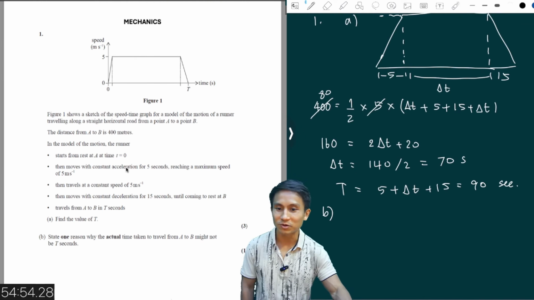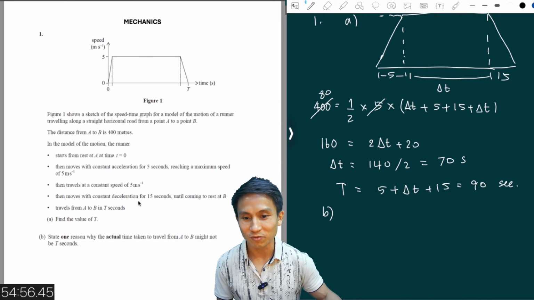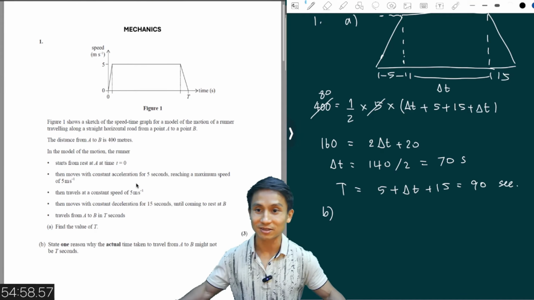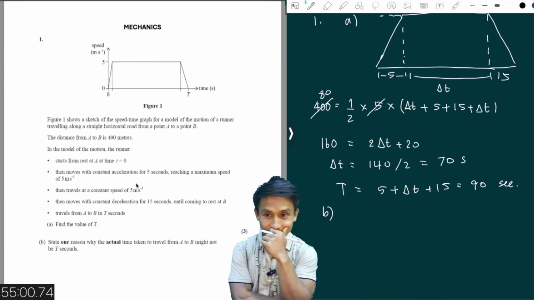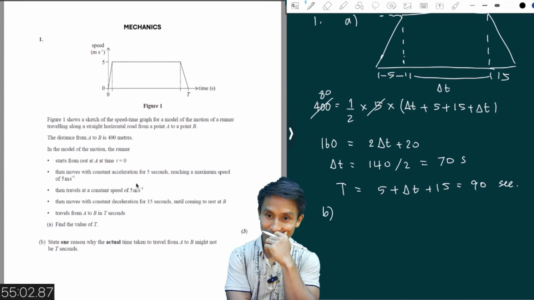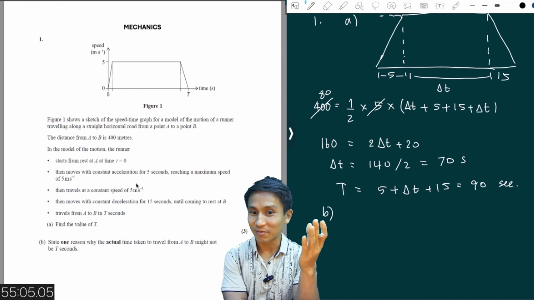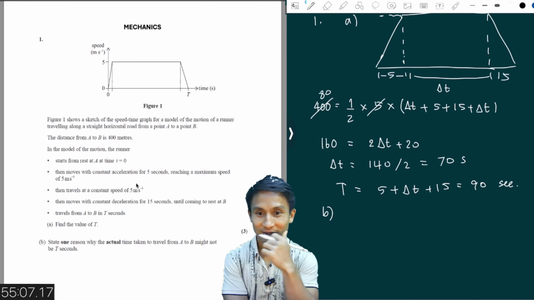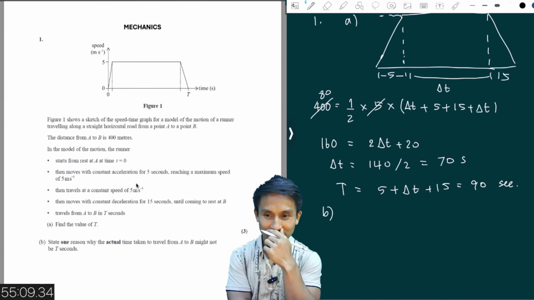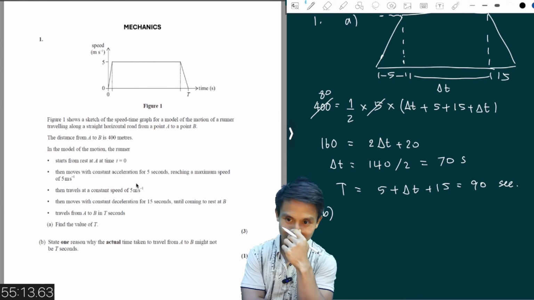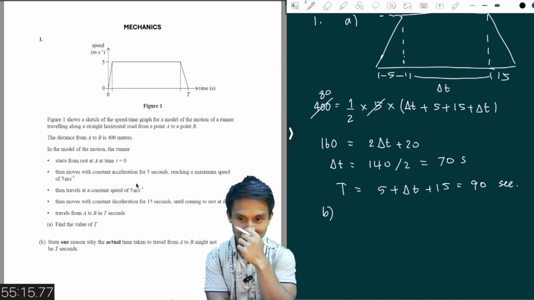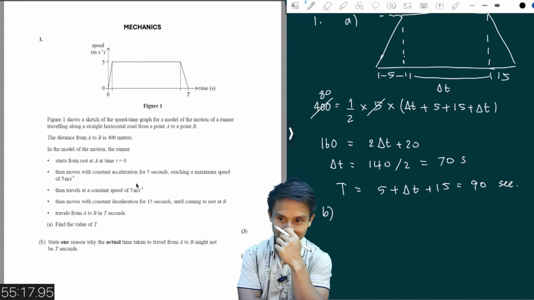Part B, state one reason why the actual time taken to travel from A to B might not be t seconds. So it doesn't say about friction, right? Let's see. The motion of a runner traveling along a straight horizontal road from point A to point B, distance 400 meters.